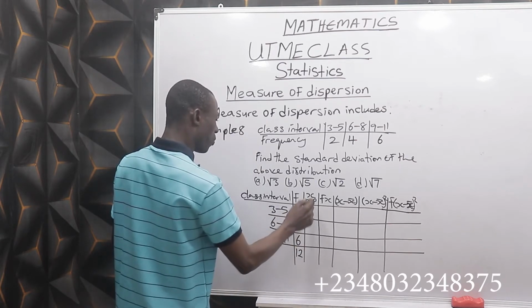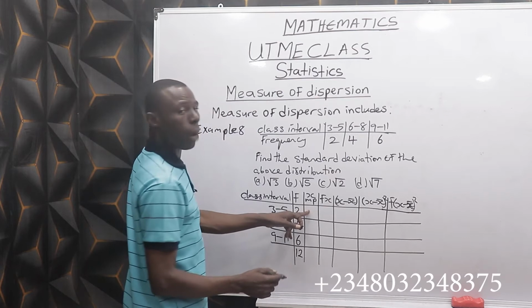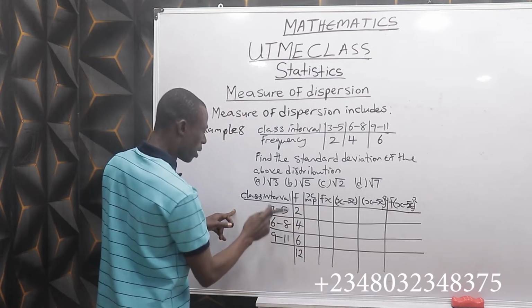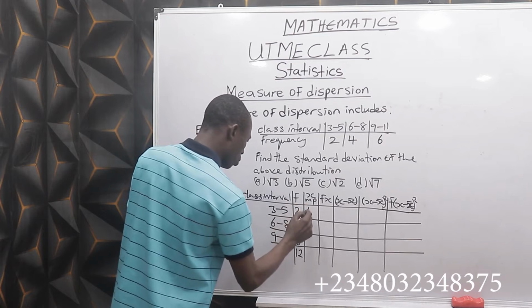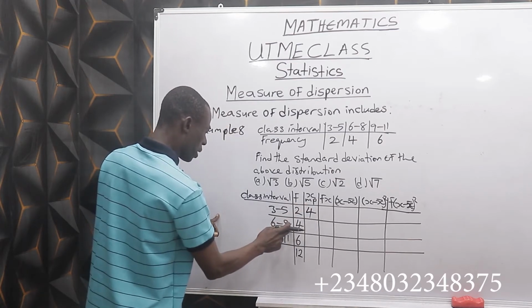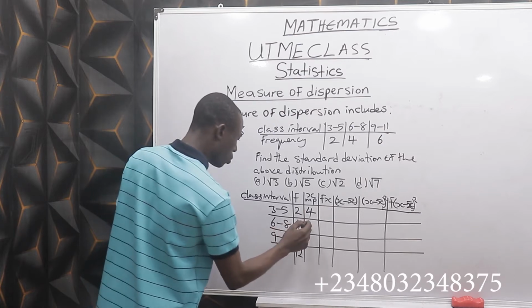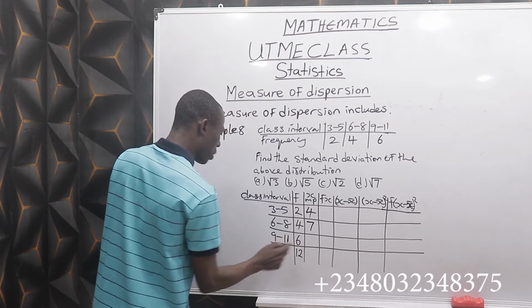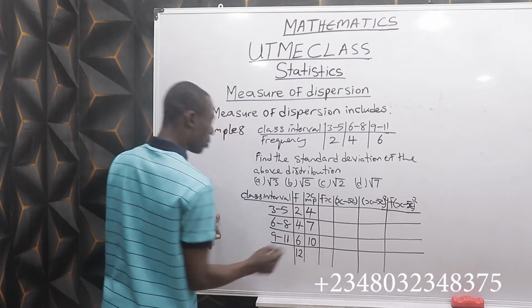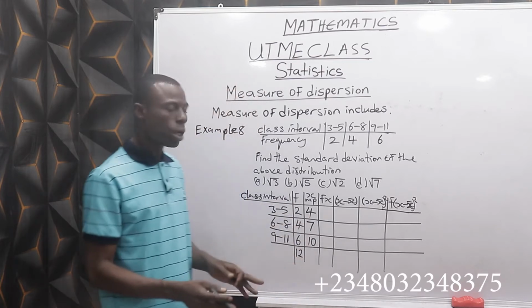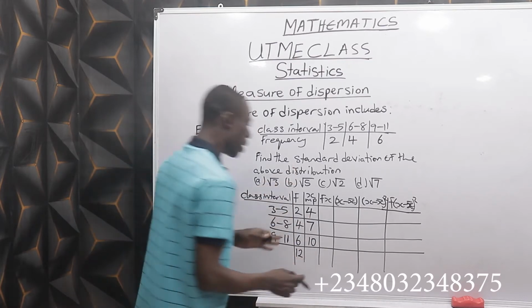Our midpoint value, which is going to be our x value, will be the mean of the class interval. 3 plus 5 is 8, divided by 2, 4. 6 plus 8 is 14, divided by 2, 7. 9 plus 11, 20, divided by 2, 10. That's our midpoint value, which represents x value on grouped data like this.